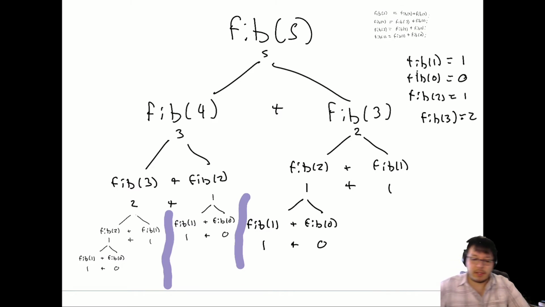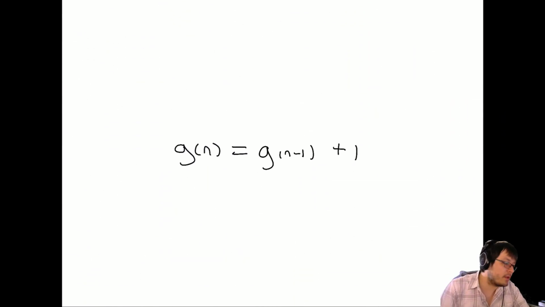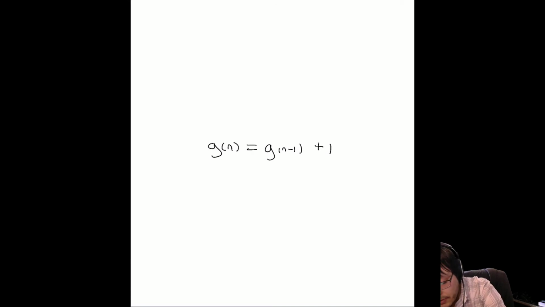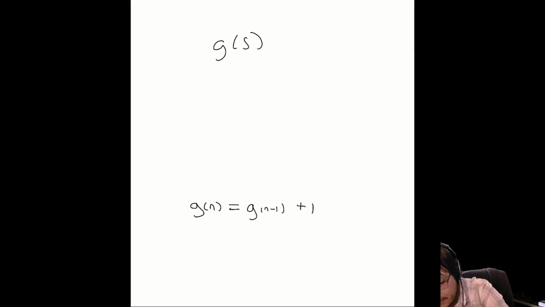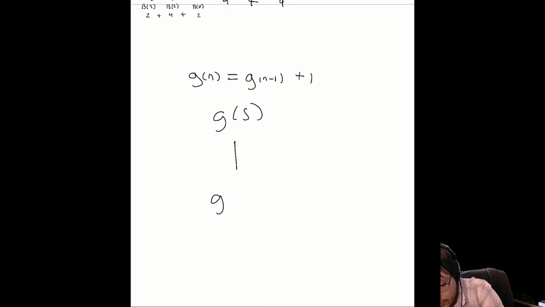So anyways, for the last 5 minutes here, let's go ahead and do a unary tree solution of this, okay? We do need a base case for this. But even without it, let's just draw this for a little bit. So let's say we're doing this on G of 5. G of 5 is essentially G of 4 plus 1.